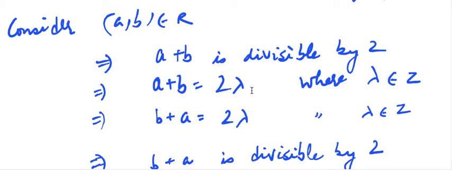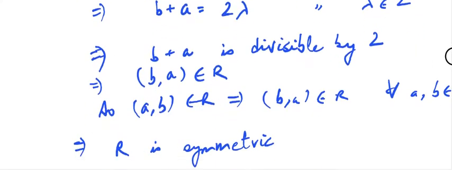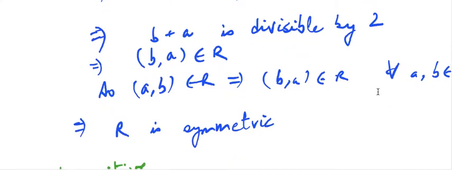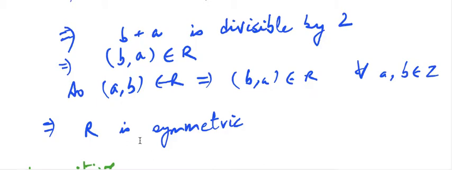Since a plus b is 2 lambda, it means b plus a will also be 2 lambda, by the commutative property of integers. So lambda belongs to Z. This implies b plus a is divisible by 2 and (b, a) belongs to R for all (a, b) belonging to Z. Therefore R is symmetric.